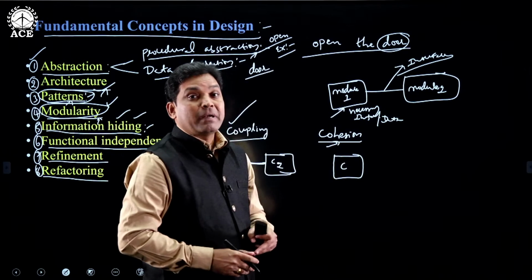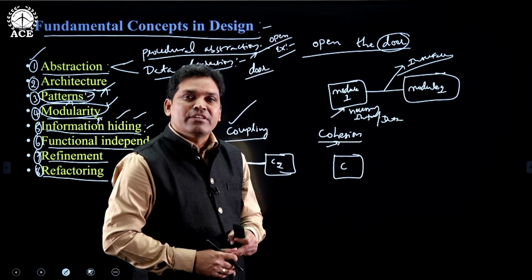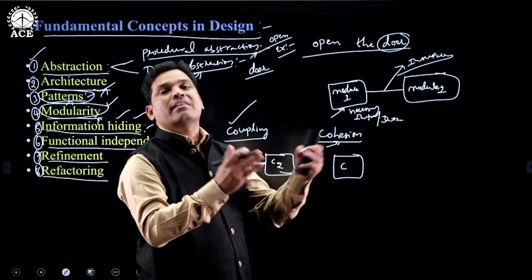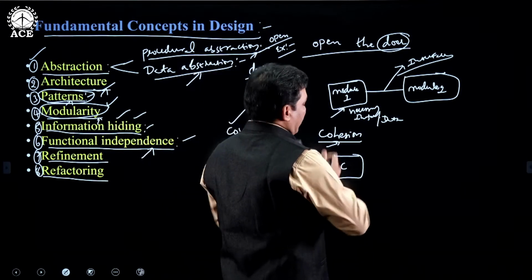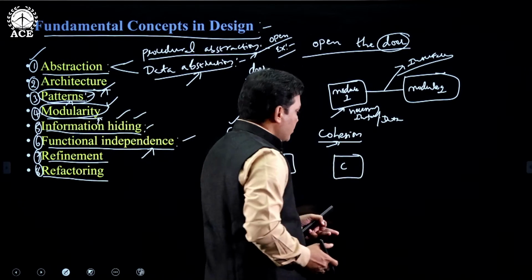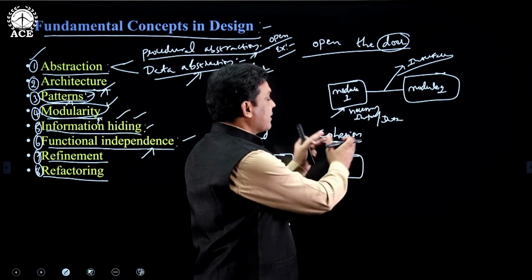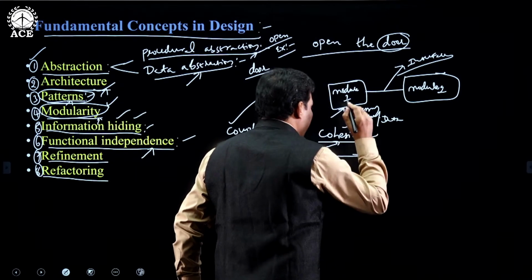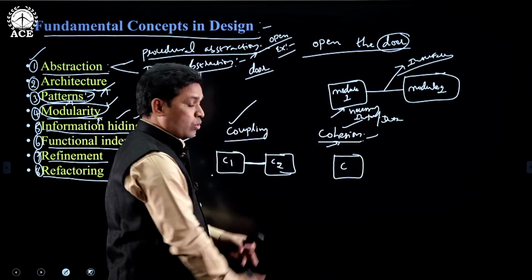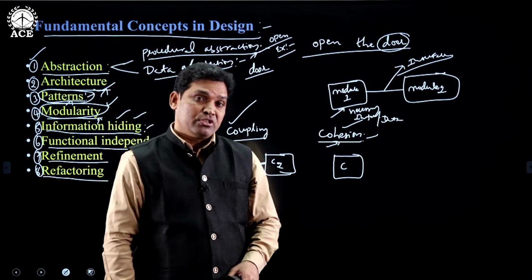Means there is no dependency. Component C is not depending on any other component. Component C is performing its own operation, and while performing it, it is not depending on any other components. So this concept we call cohesion, right?